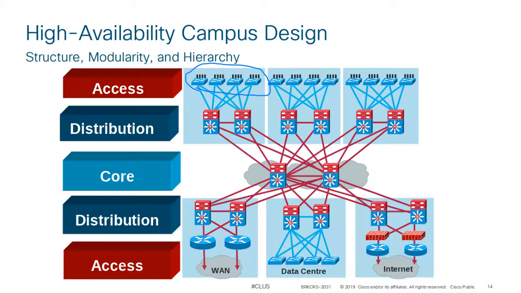So the characteristics we think of when we think of access layer switches are, hang loose, oops, there we go. When we think about access layer switches, they're where you get your connection to the network.